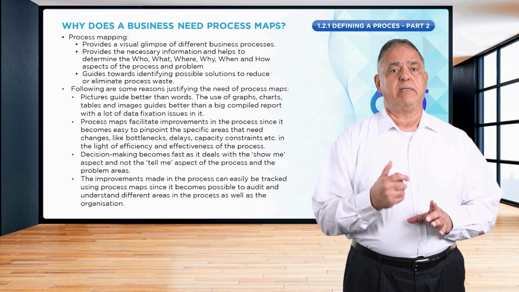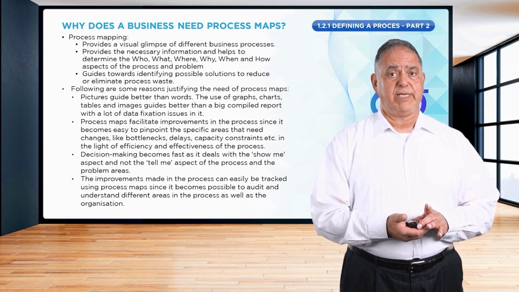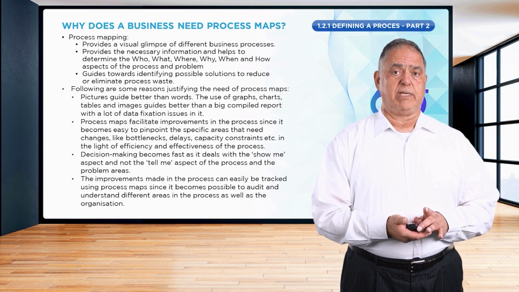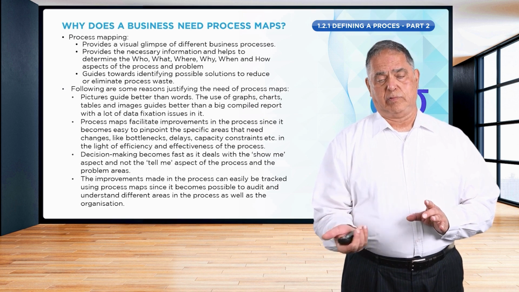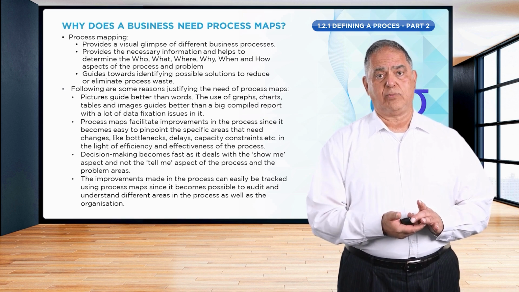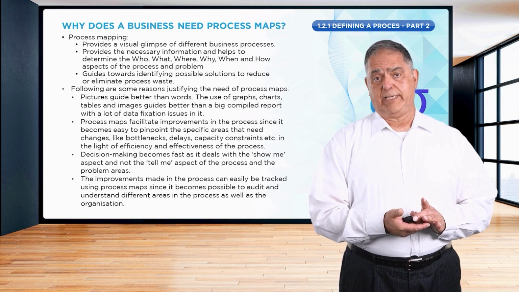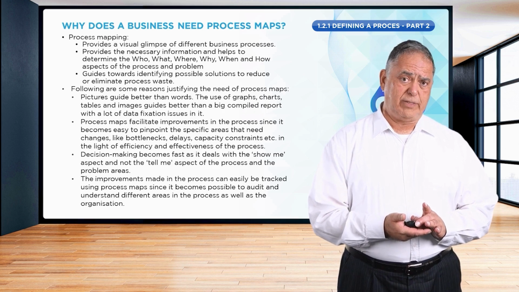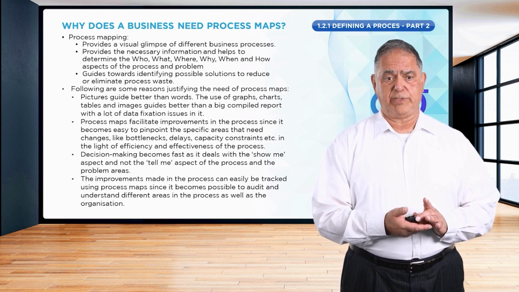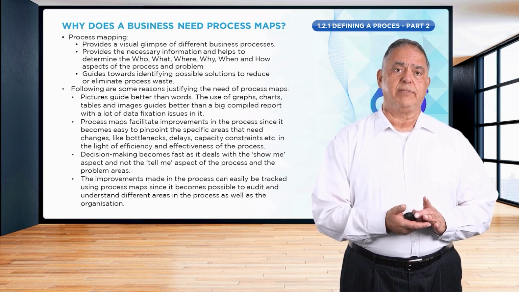And it guides towards identifying process waste, like defects, in order to eventually conduct root cause analysis, identify the root causes creating the waste, and either eliminate the root causes or at least reduce them to acceptable levels.